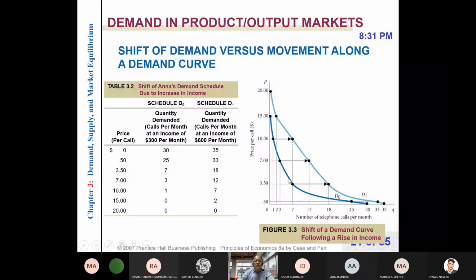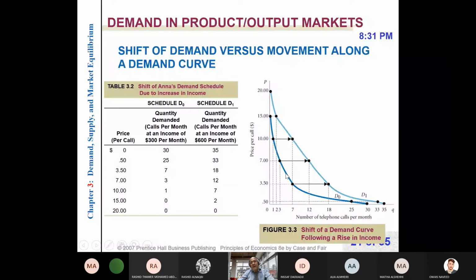So assume my salary is $300 per month. If you ask me if the price is 0, if the price is 7, if the price is 15, these are my answers. And we got this curve, assuming that my salary is 300.